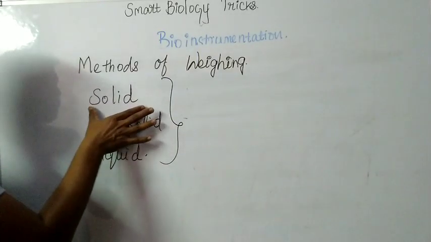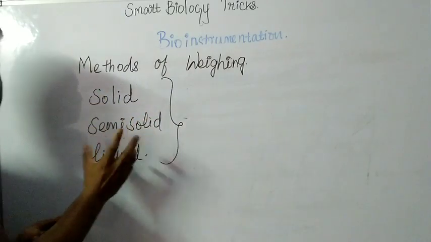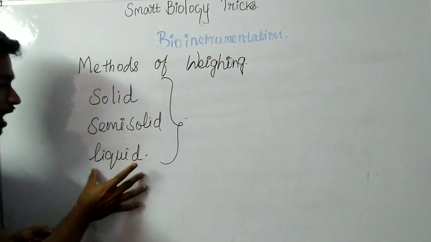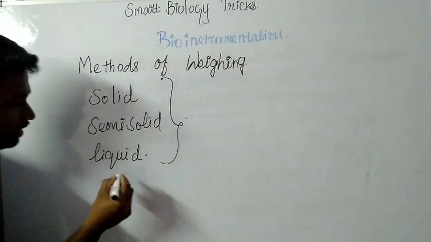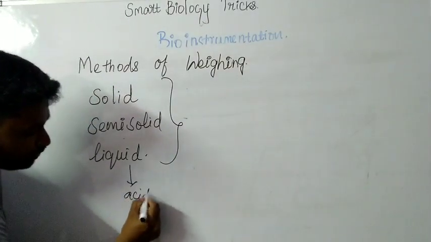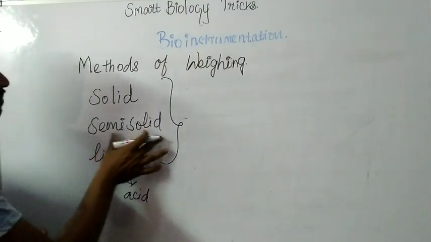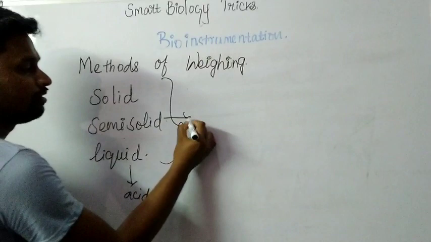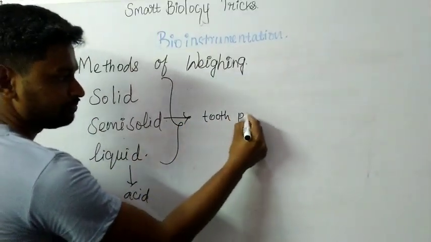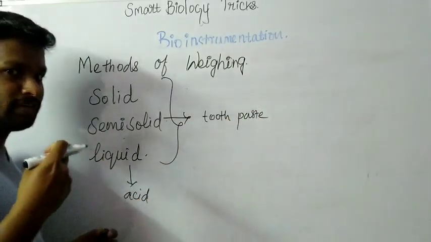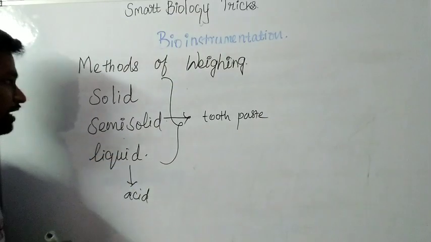The chemical may be a solid, which is very hard in nature, a semi-solid, somewhat colloidal in nature, or entirely liquid. An example of a liquid is an acid. A familiar example of a semi-solid is toothpaste, which we use for cleaning our teeth.